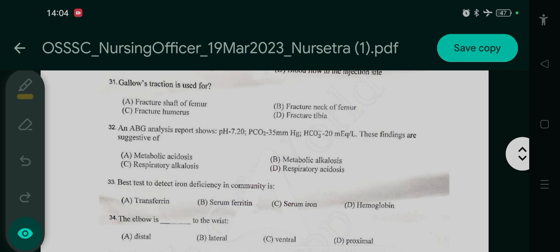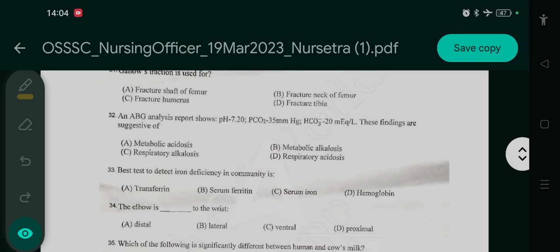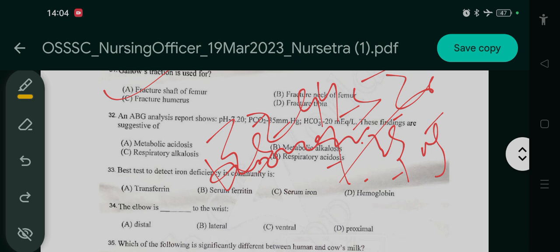So we eliminate respiratory alkalosis and respiratory acidosis, and next we choose between metabolic acidosis or metabolic alkalosis. As we already know, this is a metabolic condition, and we have to find out acidosis or alkalosis. As the pH value is in the lower range, it indicates metabolic acidosis. So option A is correct and the other options are wrong.